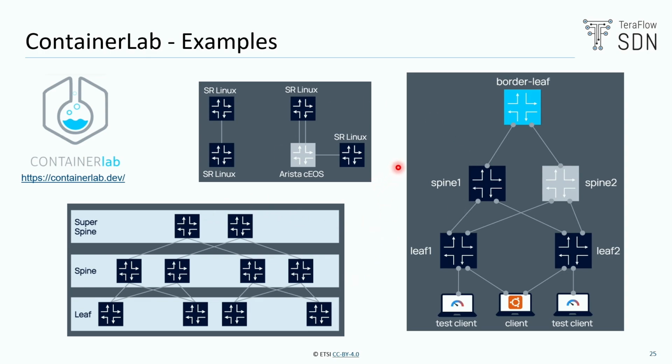The interesting thing is that you can mix devices from different manufacturers. You can deploy containers or machines that run just an Ubuntu or a Linux client, so that enables you to throw commands directly inside this testbed. So at the end, it's a virtualized testbed.